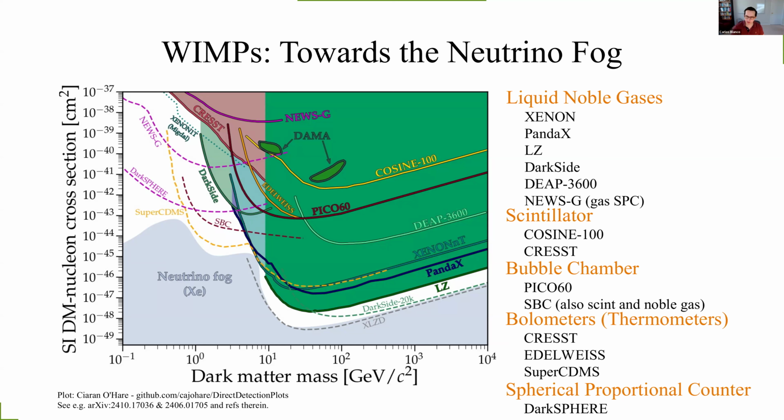But they all sort of follow the same theme: you have a fluid, you generate some ionization, and you try to track the flow of this ionization towards the edges of your chamber. You might have a scintillator or a bubble chamber, what have you. We think we understand how to move forward in this parameter space.